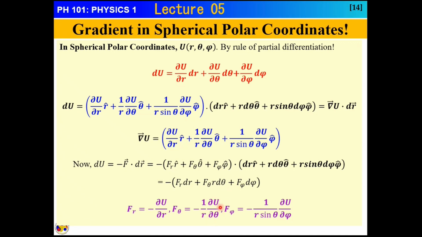So that's the rate of change of the potential energy, and that gives F theta, the force in that direction. Similarly, the force along the phi direction depends on the change because of the length change in the phi direction. The length change will be given as r sine theta del phi.